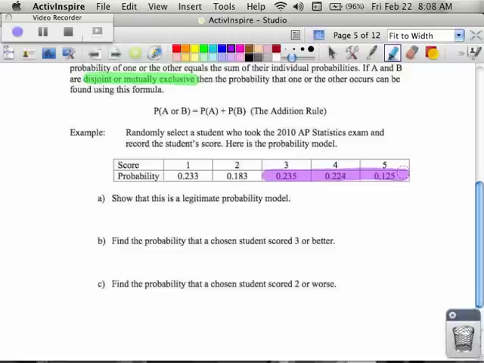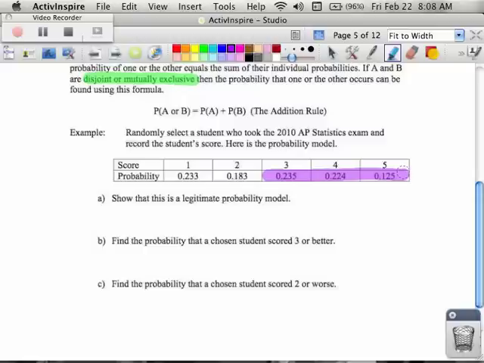So as you look at this, there's roughly a 65% chance that you're going to get what I would call a passing score on the AP exam. It's a really good chance, and for us, we're probably going to be higher than that, but that's what they say statistically. So how do we show that this is a probability model?